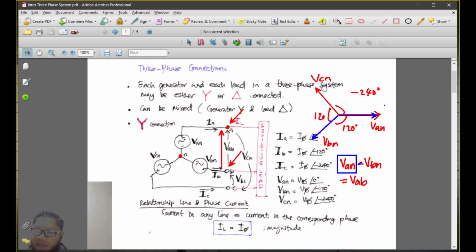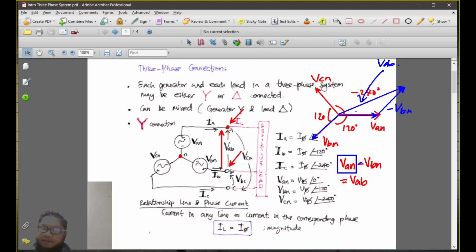That will be at the tip of your VAN. You continue to have minus VBN, and therefore the voltage VAB will be that one. That will be the line-to-line voltage, which is VAB.